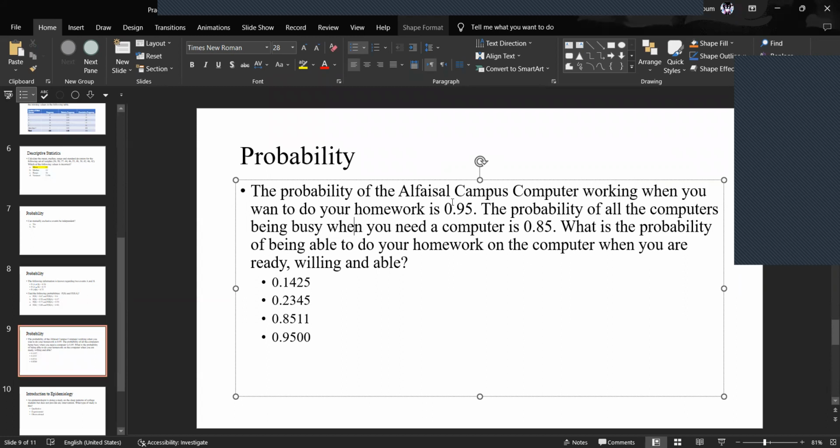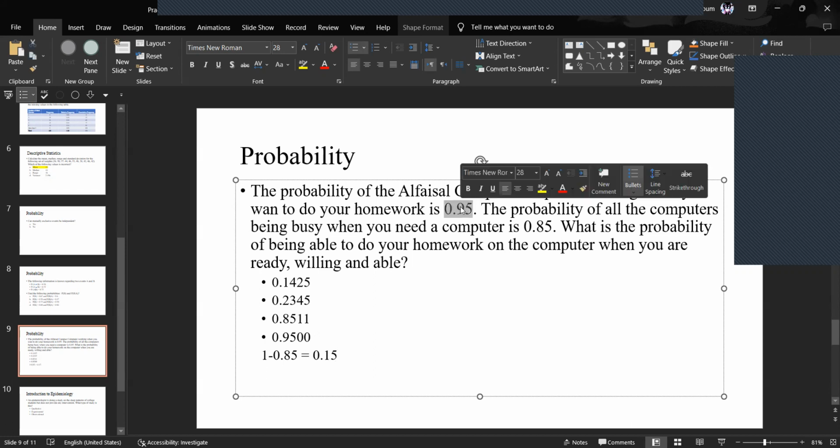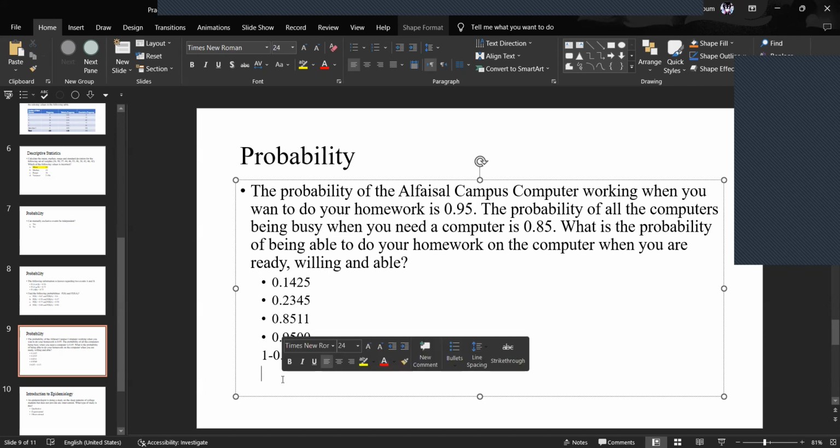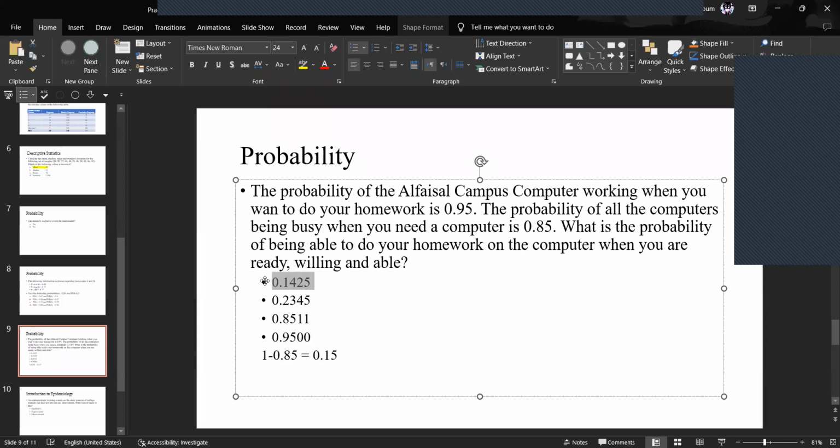And so what we want to do is find the probability that your computer works and not all of the computers being busy. And so step one here, okay, is 1 minus 0.85. So that's going to be 0.15. Step two is multiply 0.15 by 0.95. And so that's going to be 0.1425. Okay?